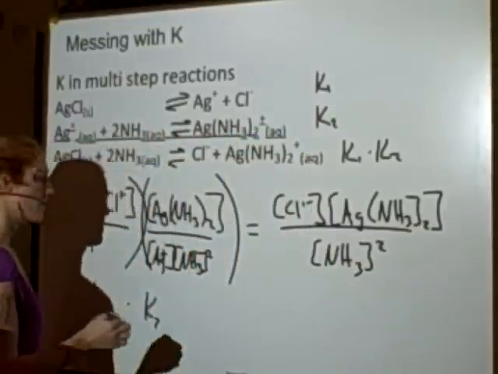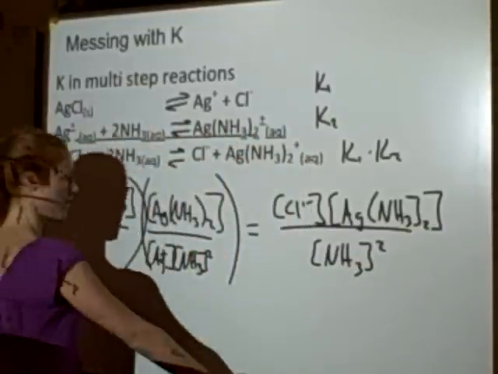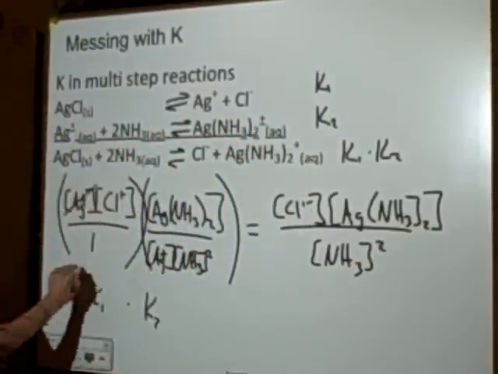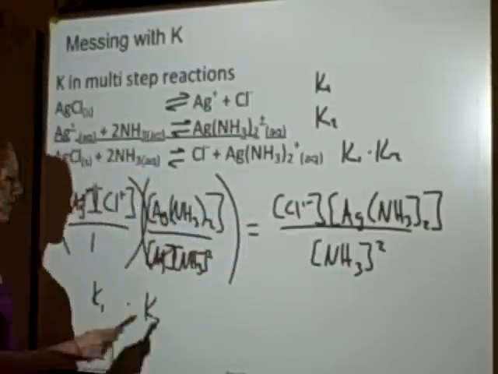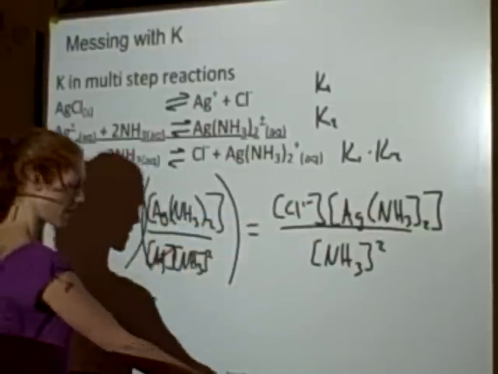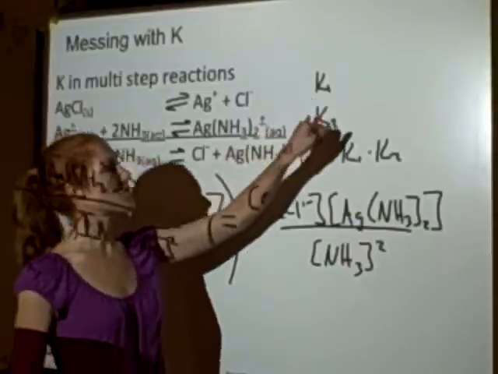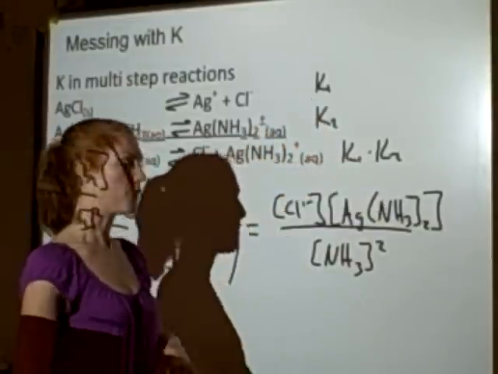Okay, so on this side I get to cancel out the concentration of silver, which shows up twice, and then this times this is that, and this one is right there. So, hey, K1 times K2 gives you the K overall for the steps.